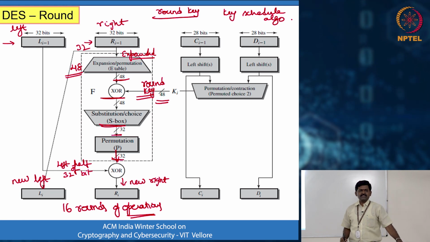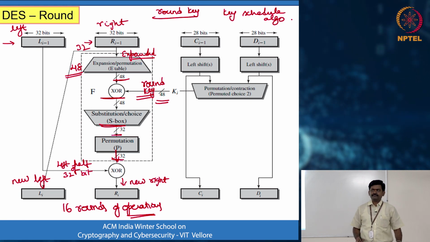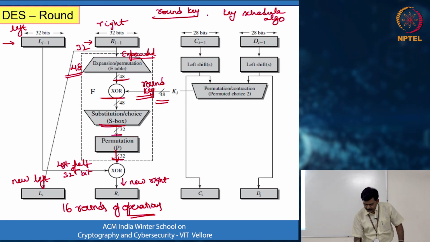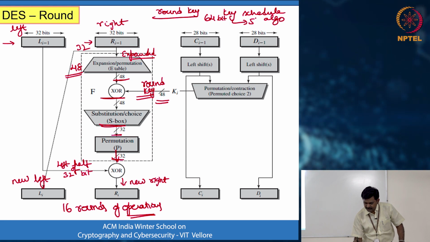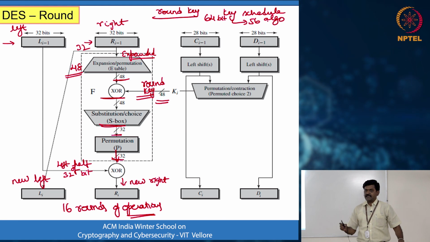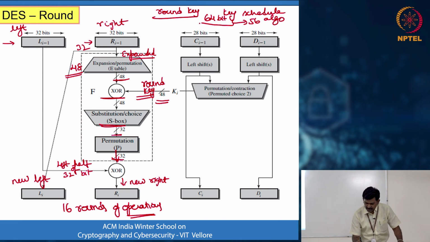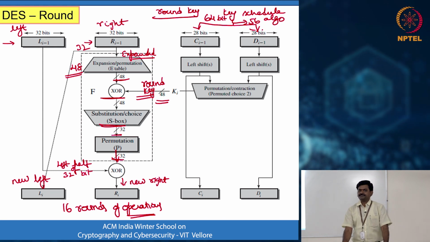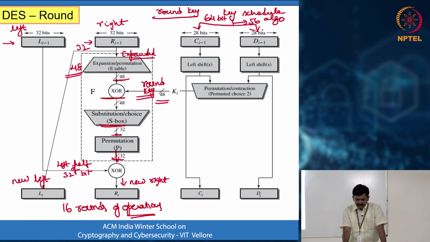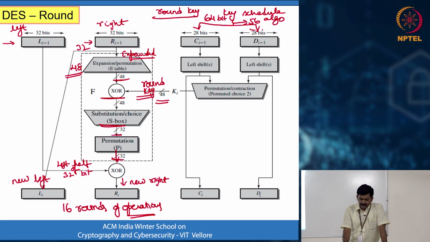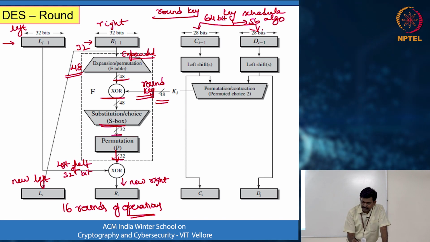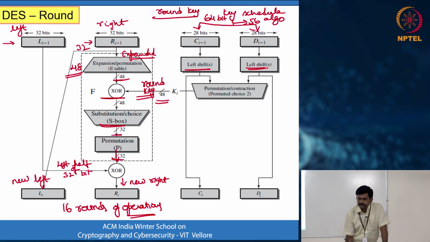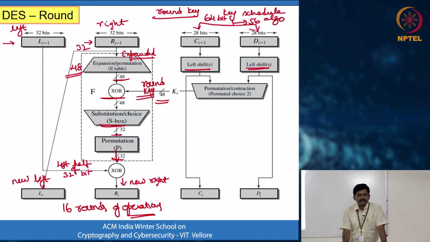What is actually your key size? 64-bit. And from that you get 56-bit. That 56-bit is divided into two halves, 28 and 28. And in each half you do a left shift.